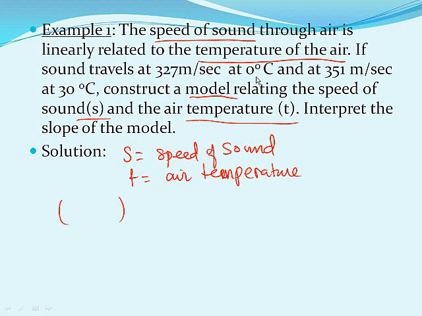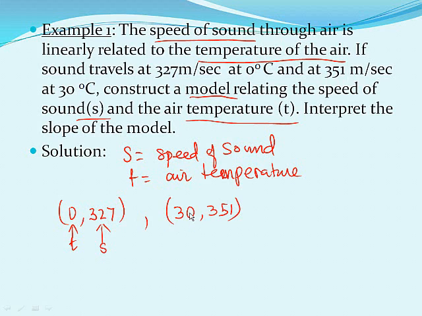Corresponding to T equal to 0, the value for S is 327. So we can write it as an ordered pair, 0, 327. So this will be the T value, this is the S value. We also have another point, corresponding to 30 degrees centigrade, the speed of sound is 351 meters per second. We get the ordered pair 30, 351. So we are constructing a linear model that passes through these 2 points.